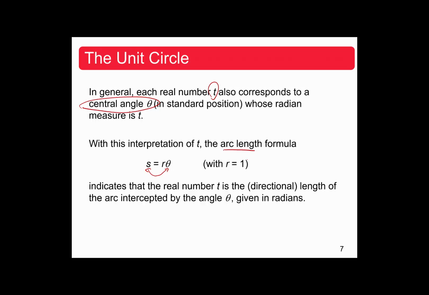When the radius equals 1, theta must be in radian measure, and then angle theta is the same thing as the arc length itself. So for a unit circle, arc length s is the same thing as angle theta in radian measure. Okay.